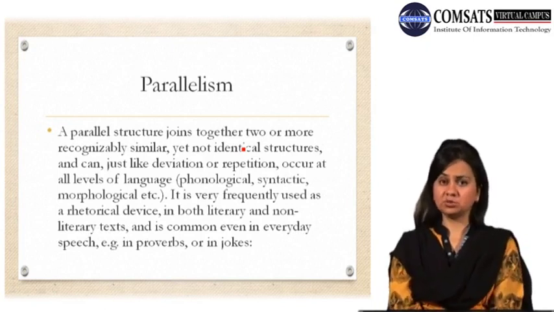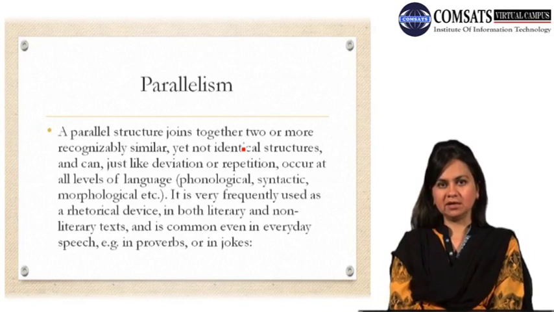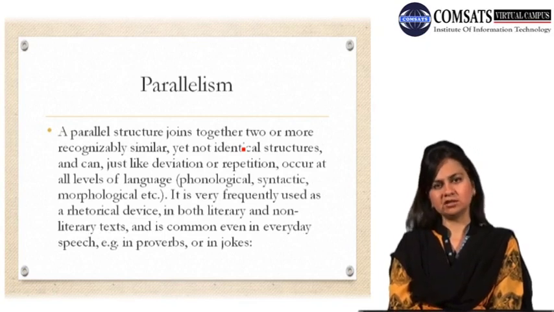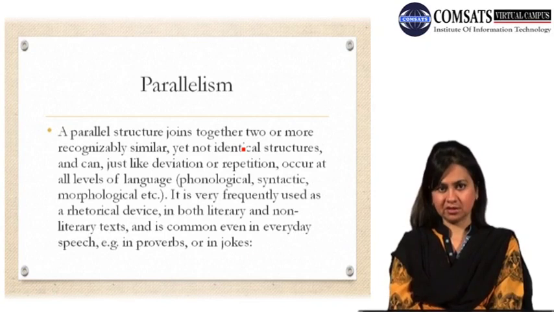So if deviation is rule breaking, parallelism is referred to as rule making, sticking to the rule. Now it is not only regularity, but rather Geoffrey Leech refers to it as extra regularity, because if you notice the use of alliteration, alliteration is extra regularity because a writer is sticking to the same rule religiously.